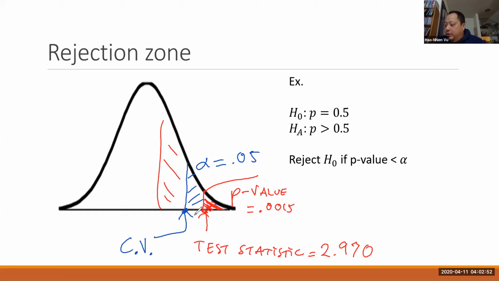So we only reject H0 if we are falling somewhere in this portion of the axis. For p-value to be smaller than alpha, the test statistic has to be over to the right somewhere. So that part to the right of the critical value under the alpha area is called the rejection zone.